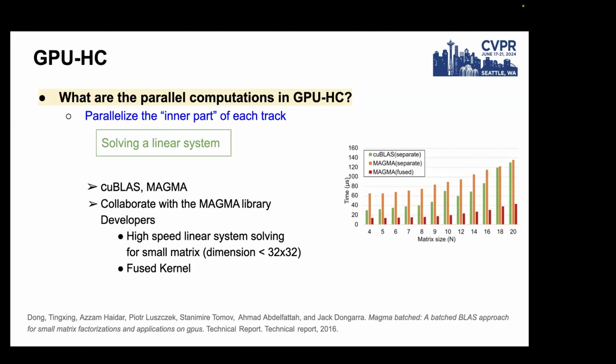Your GPU needs to prepare memory space for running all these kernels. By fusing all these linear system solving kernels, we can remove all this overhead time and reach a really fast linear system solving time, shown on the right-hand side of that chart.